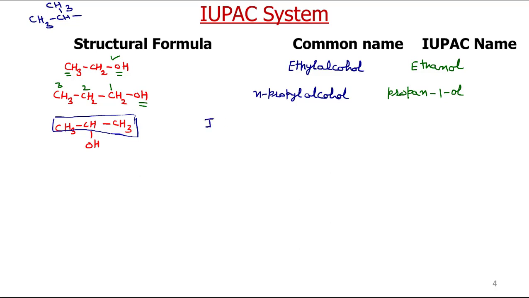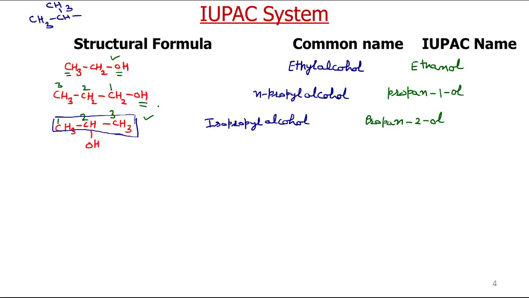So its common name is isopropyl alcohol. Its IUPAC name will be, now we will start numbering 1 2 3. Either you start from this carbon or this carbon, it will always have the second locant position. So its name will be propane. Now the OH group is present at the second carbon, so we will write propane 2-ol. So this is its IUPAC name.